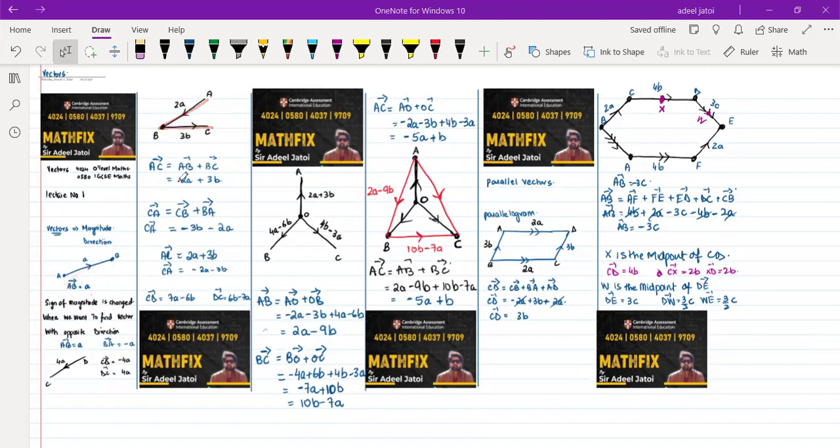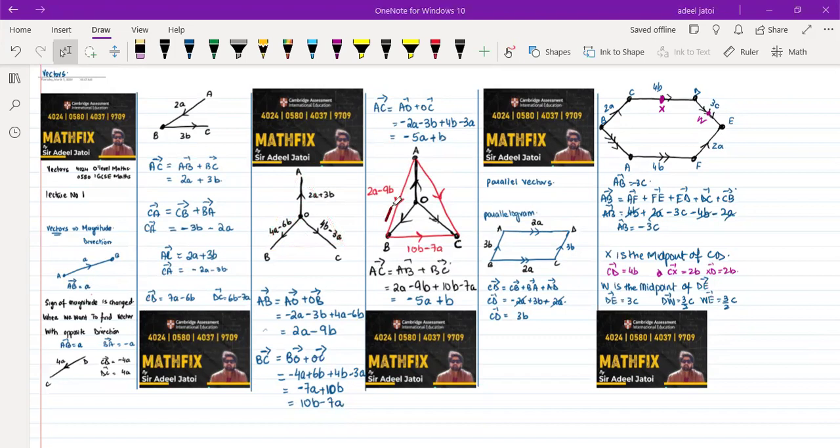Then in ABC, we did AC is equal to AB plus BC, which is 2A and 3B. Then we calculated CB and BA, minus 3B minus 2A. Then we worked upon the normal vectors from the different points, considering we found out AB, BC, and AC.